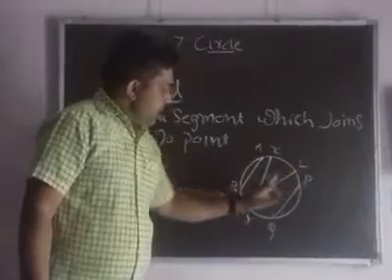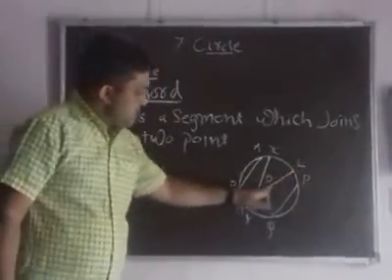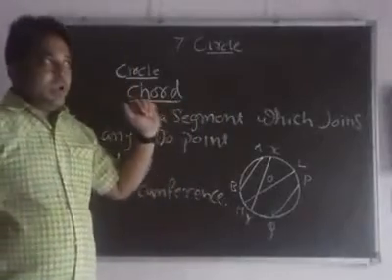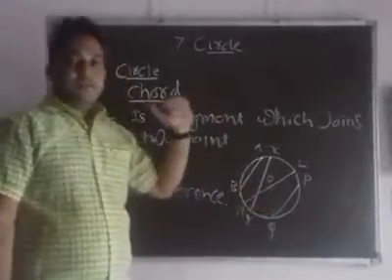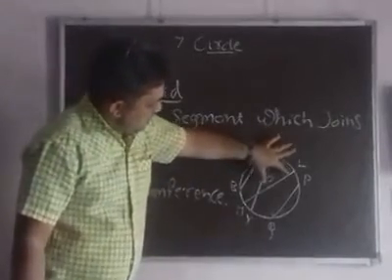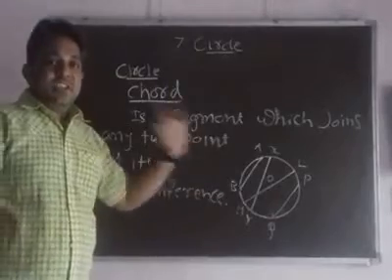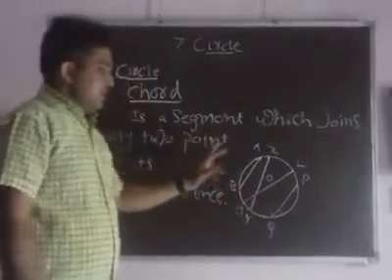The points L and M are on its circumference, and when I join them, it passes through the center of the circle. And as it passes through the center, the chord LM is the biggest chord of this circle.